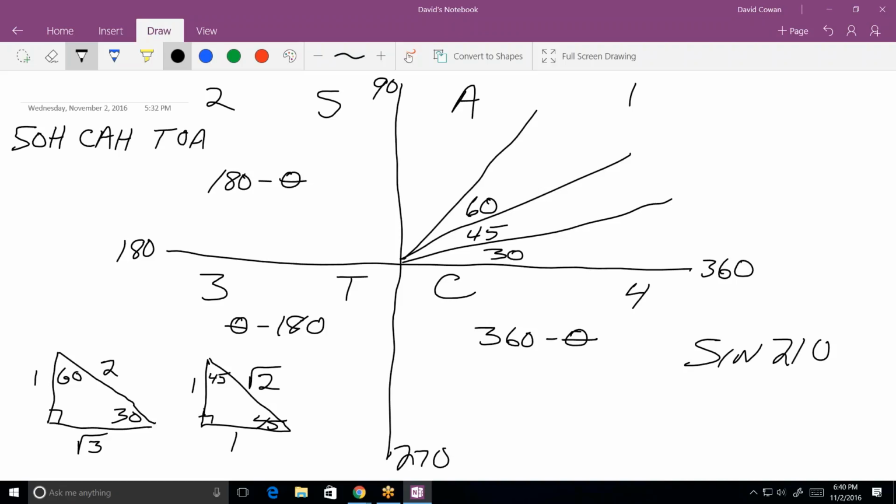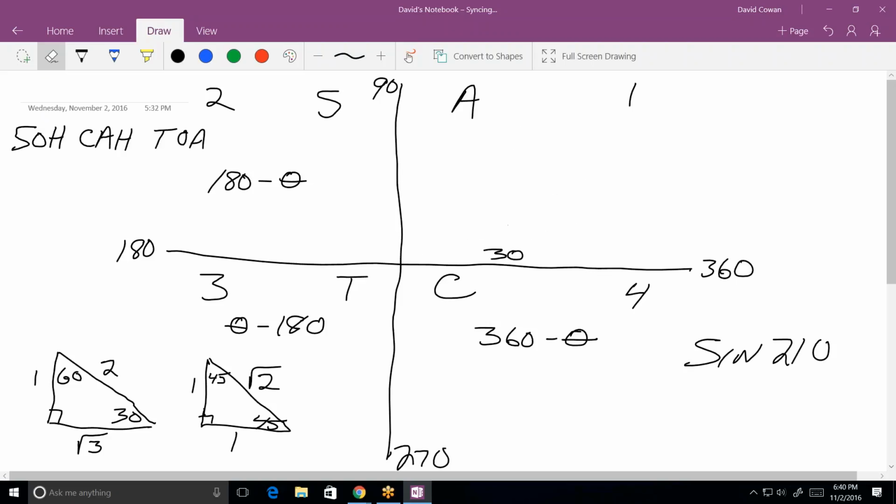There's another concept at play here also, and that is that when I draw, let me erase these 30, 60, or 45 marks there, because I want to do something else here.